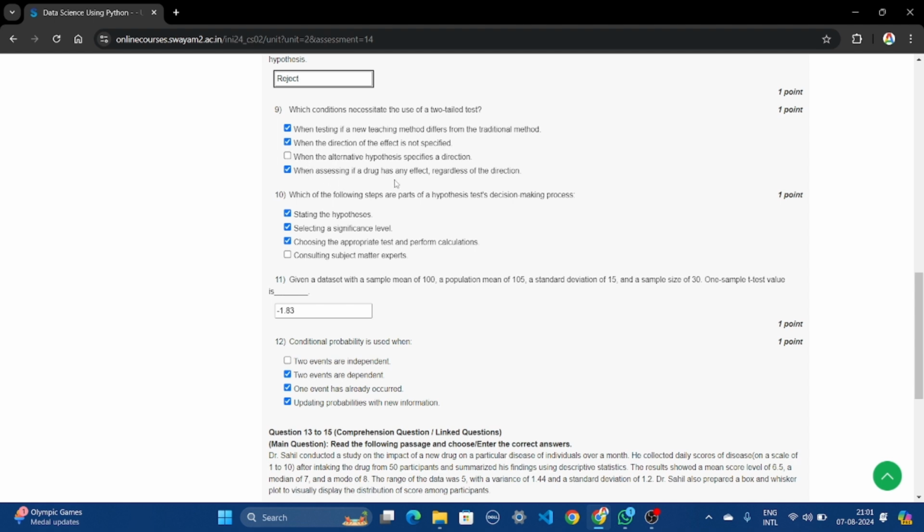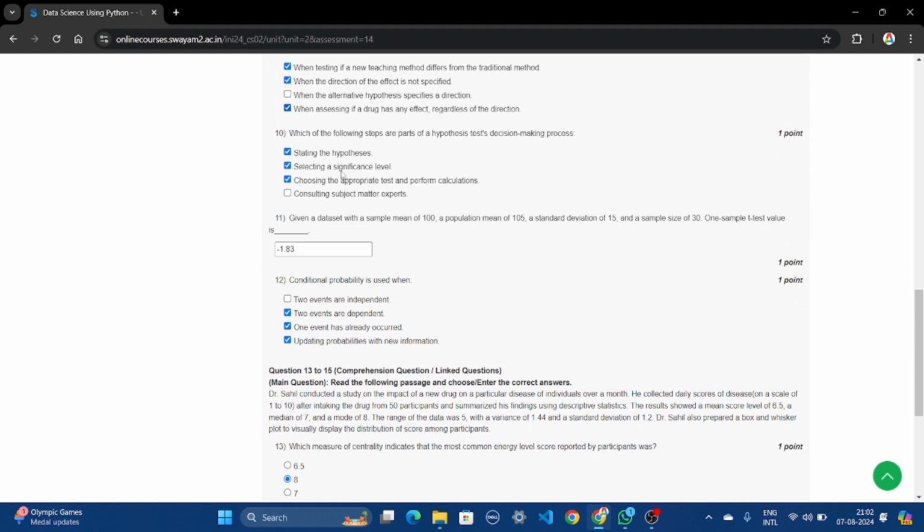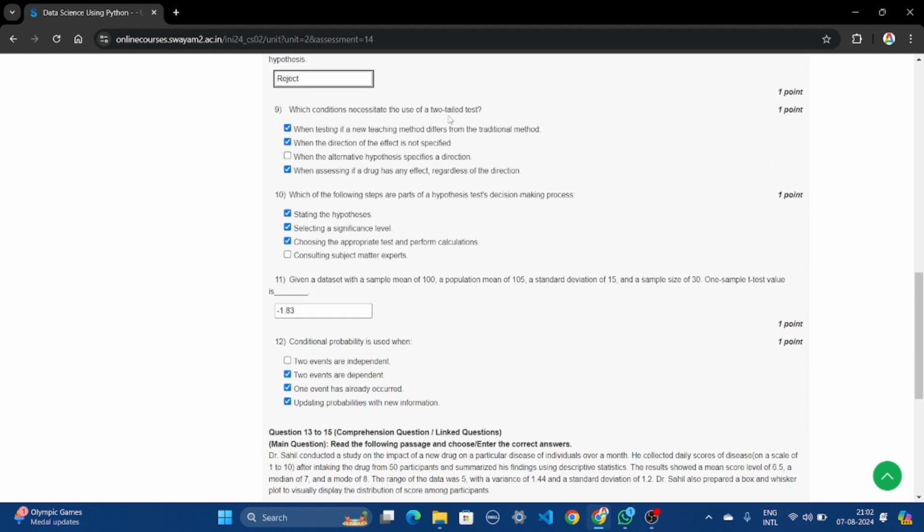When assessing if a drug has any effect regardless of the direction. So here option A and option B and also option D are the correct options. So as we know, two-tailed tests are regardless of the direction.